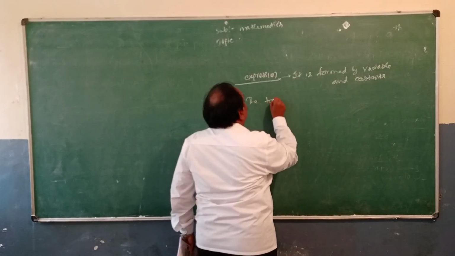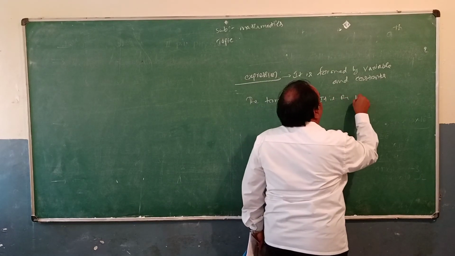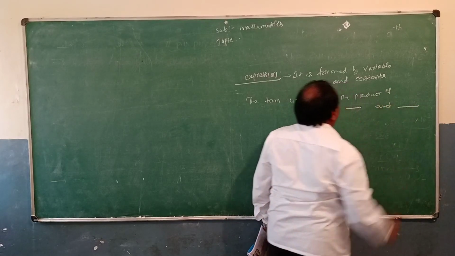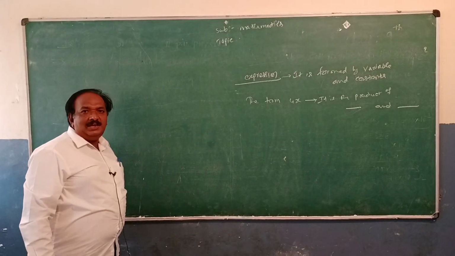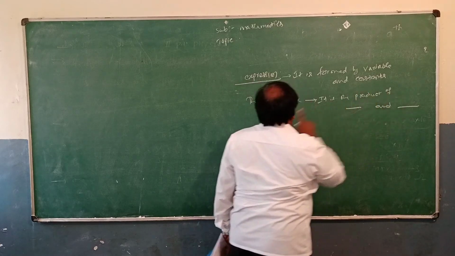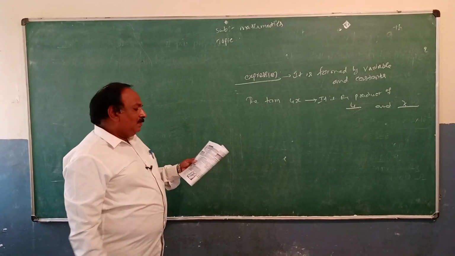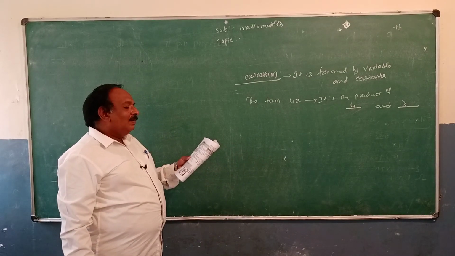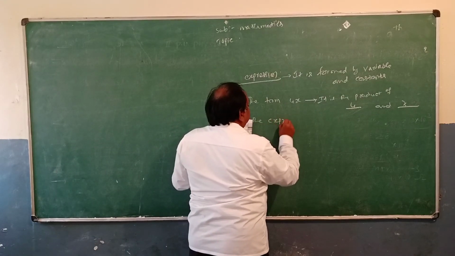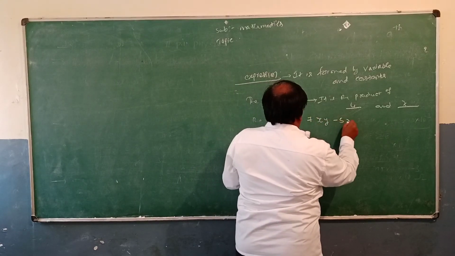The term 4x is the product of dash and dash. It is the product of 4 and x. Next, the expression 7xy minus 5x.